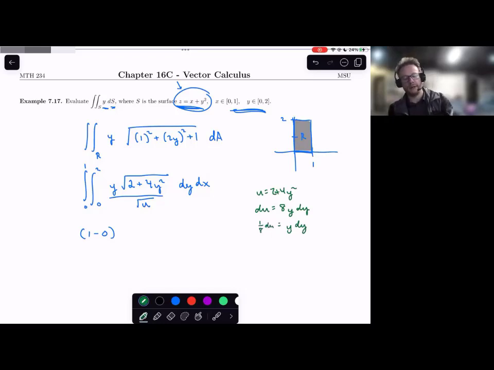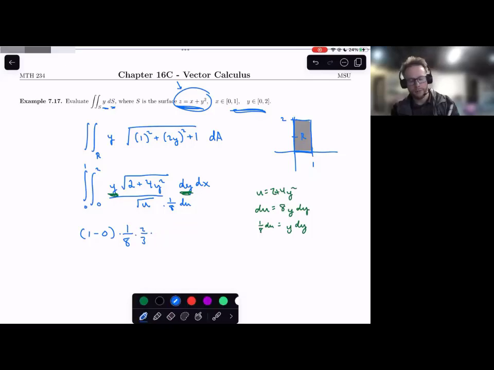And that's particularly nice because we have a y dy that we can trade in for 1/8 of a du. So now, when we integrate this, well, u to the 1/2 power, that square root of u there, is going to become u to the 3/2 power multiplied by 2/3. Double check: if you take the derivative of that, you should get back to where you started.